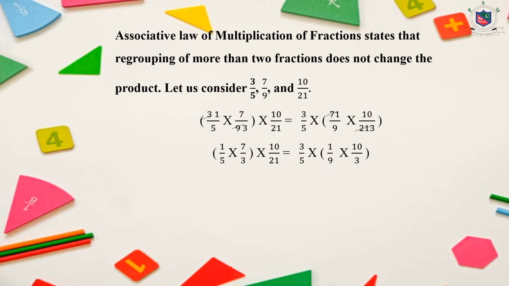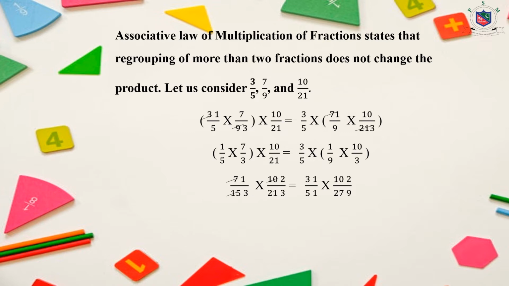But still they are written in the brackets because we did not get a single fraction after solving. And on the right hand side, when we did the cross cancellation of both the fractions, we got 1 upon 9 and 10 upon 3.